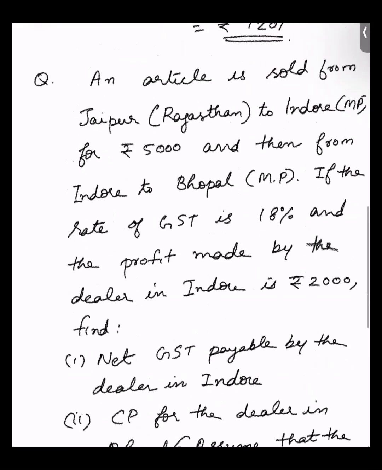So here the question starts with, an article is sold from Jaipur to Indore. So this is going to be an interstate transaction because Rajasthan and MP, two states, are involved. So here you need to calculate IGST. And what is the selling price? Selling price is 5,000.